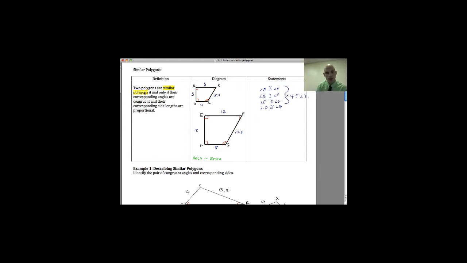So, angles congruent, corresponding side lengths are proportional. Okay?